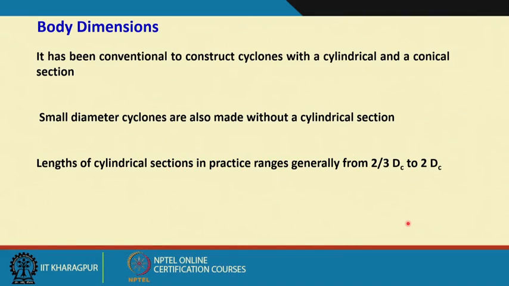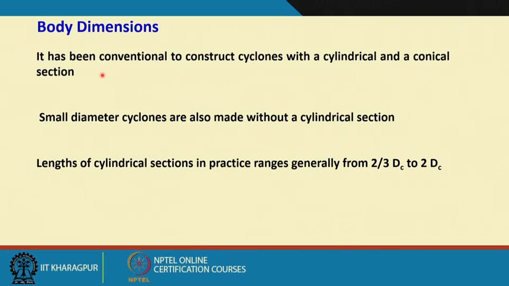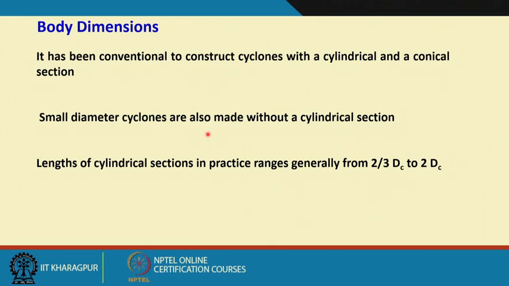Then the body dimensions, what are the body dimensions? Now, it has been conventional to construct cyclones with a cylindrical and a conical section, that is, a cylindro-conical section. Small diameter cyclones are also made without a cylindrical section.